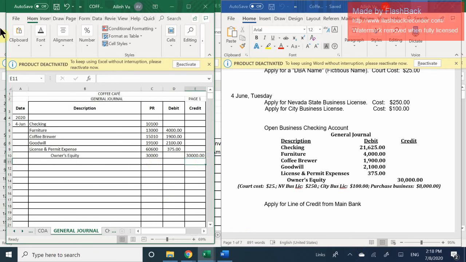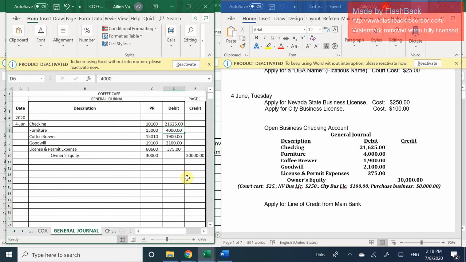Okay. So you can calculate all this and subtract it from this, but in this case I've already calculated the first transaction for you. You're welcome. So you should have $21,625 in your bank account as of today.